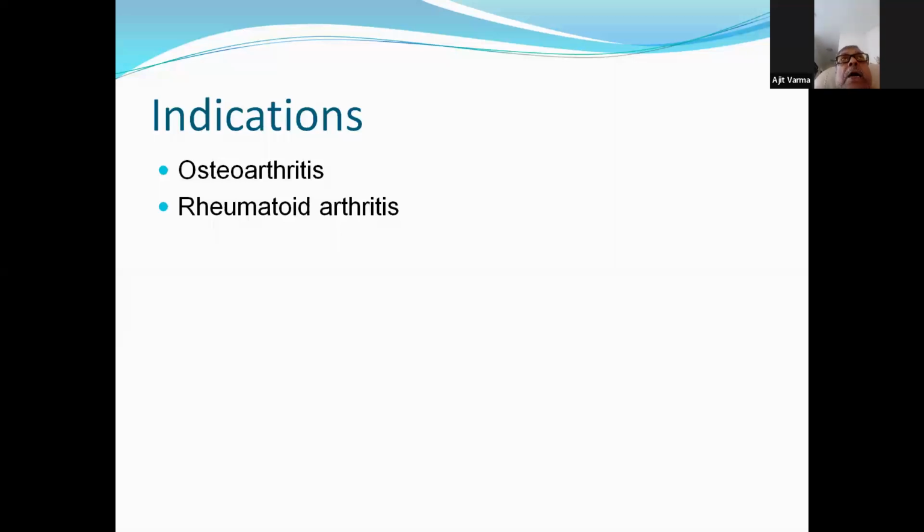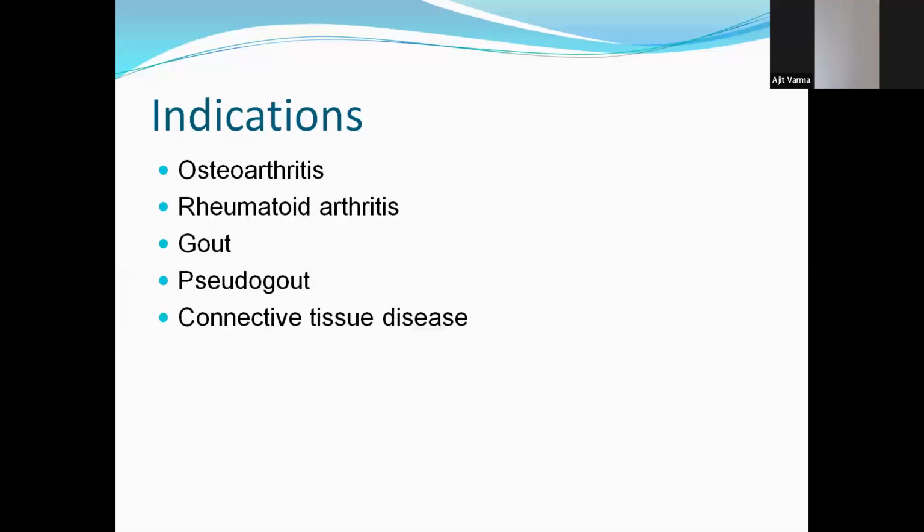The intra-articular injections are required to relieve inflammation of the joint and reduce pain from acute inflammatory arthritis conditions. Then gouty arthritis, sometimes very painful, and pseudogout. In these conditions also intra-articular injections are very helpful.